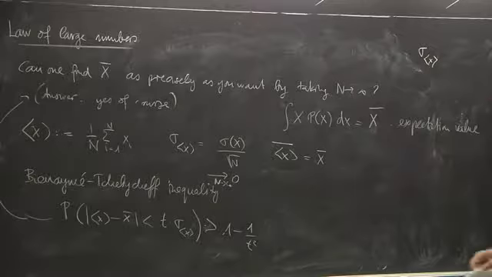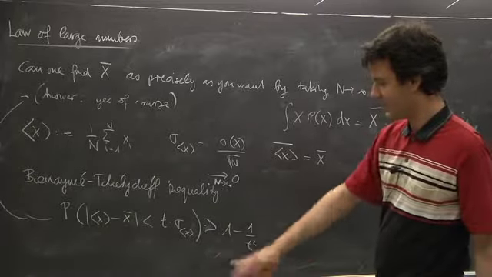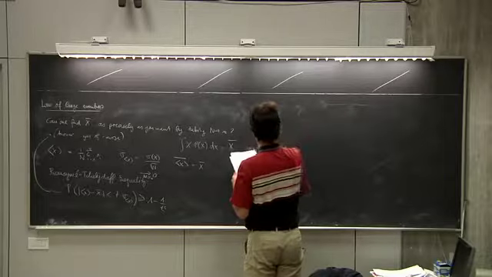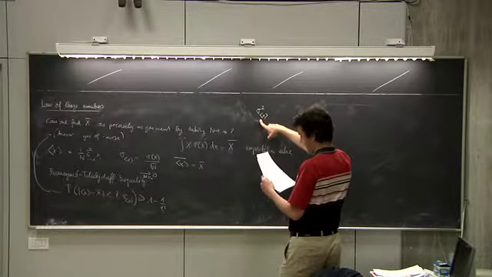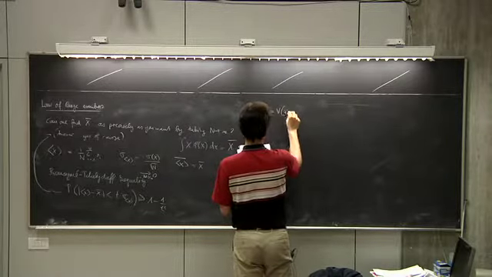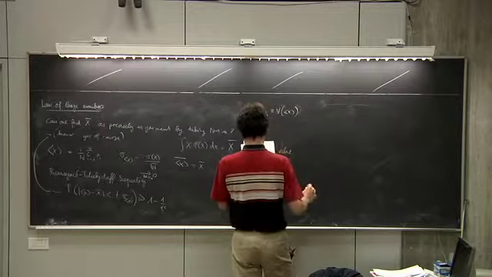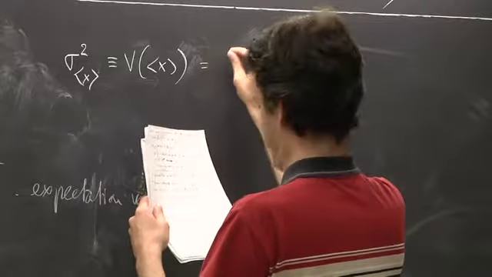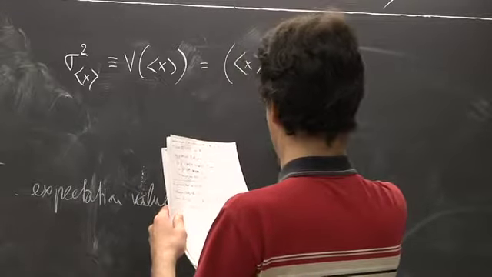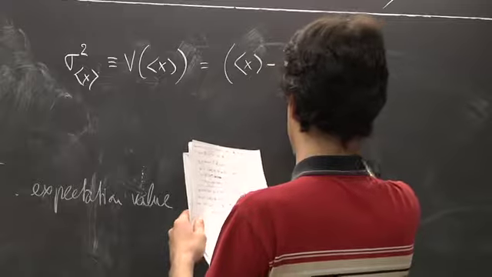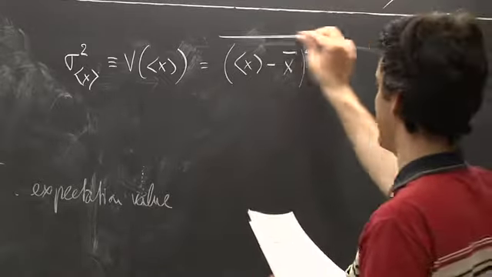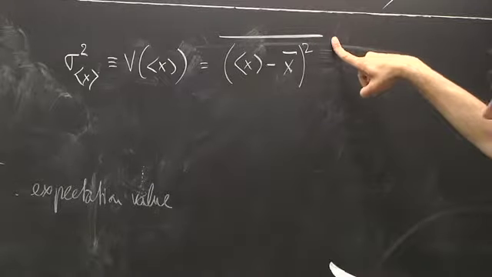Okay, so let me now quickly give you the idea of what is behind this. This is very simple. So the variance of whatever quantity you're looking at, which is by definition the same thing as this here: you take your variable, you subtract its expectation value, you square that, and you take the expectation value of that.